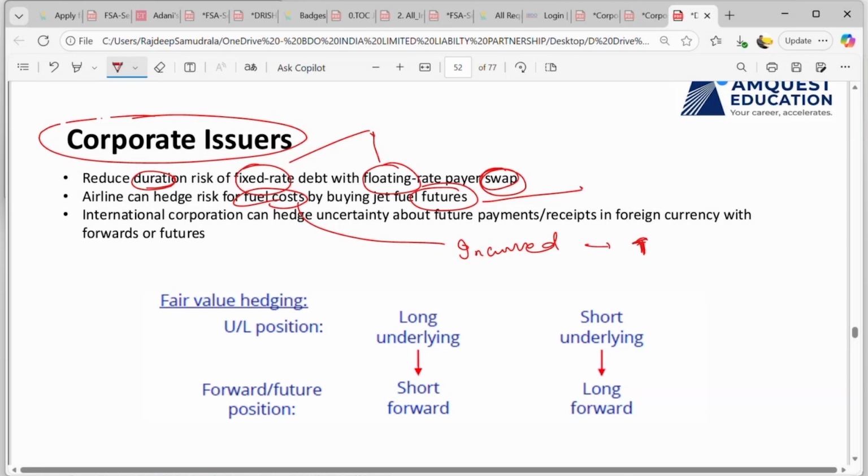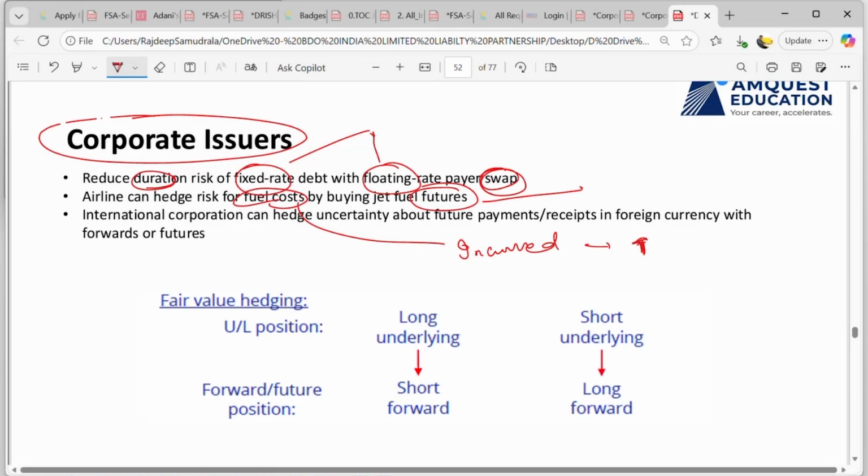कि भाई, fuel cost अगर उड़ गया तो... Even other companies, these steel companies, they use almost thousands of tons of steel every day. And if the steel cost goes up by even 20-30 rupees a day per kg, that'll be a setback of almost 20 lakh rupees. Imagine. So even they will buy steel futures.